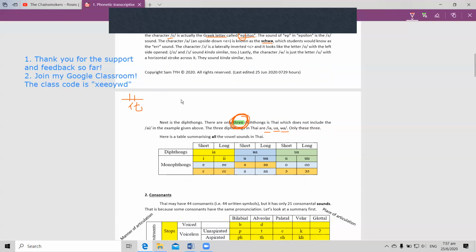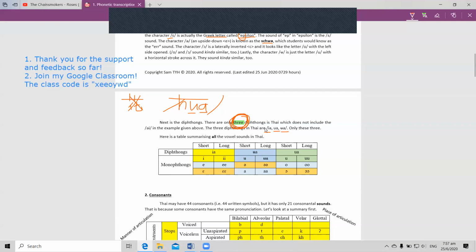But if you want to pronounce this in Thai, the u you pronounce for like 1 second, and then the r also for 1 second. You cannot rush it. This is not the way to pronounce ua in Thai.